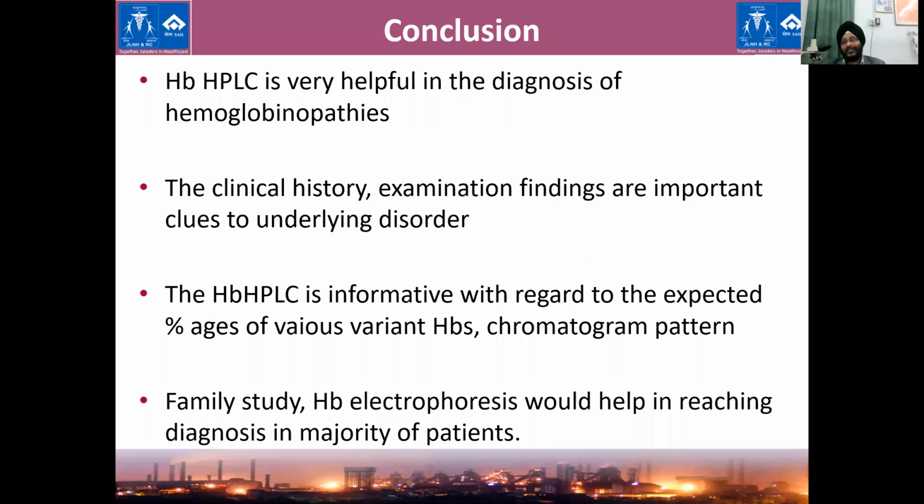In a case of HbH, we will also get a fast moving hemoglobin. By fast moving, I mean that from the starting point they go up beyond HbA. Something that goes beyond that is known as fast moving hemoglobin. These are the points which help confirm our suspicion that we are dealing with a J variant, which is an alpha chain variant. Most alpha chain variants are fast moving on electrophoresis, and we can run it and see where they go against our known samples.